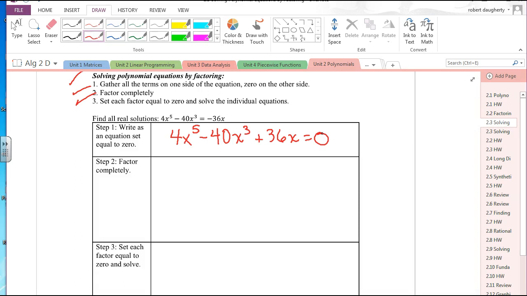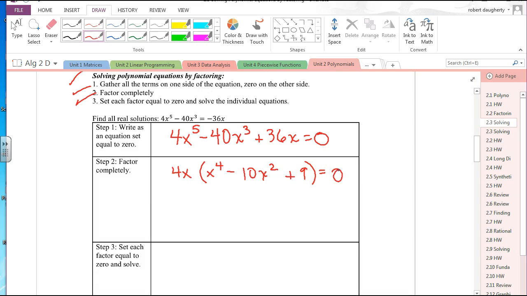So if I can find a greatest common factor, that will simplify this equation. So it looks like I can factor out a 4x. Okay, in the first term, what do I multiply 4x by to get 4x^5? That is x^4. And then -10x^2 + 9 = 0.